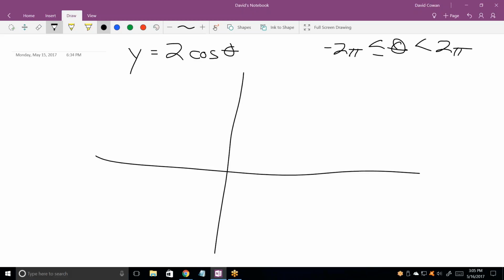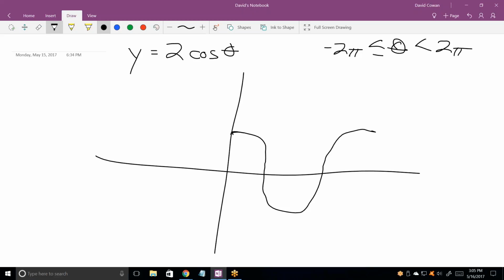What would the normal sine curve look like? These are my toughest problems to do online, because what I'd really prefer to do is have you graph it. Well, if I graph cosine, you definitely need to know what cosine looks like.